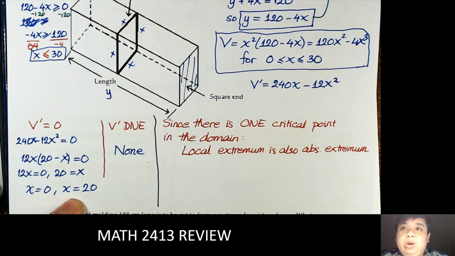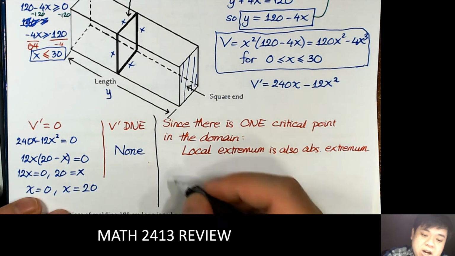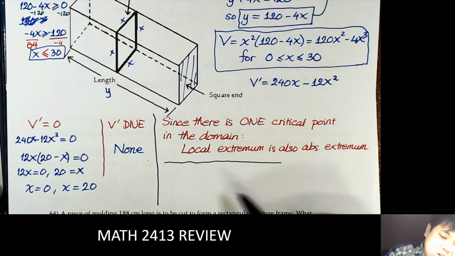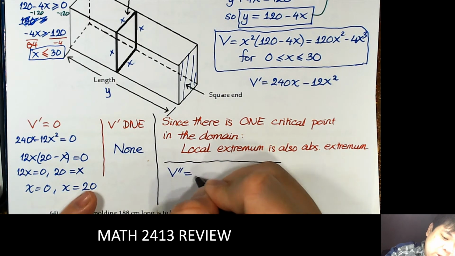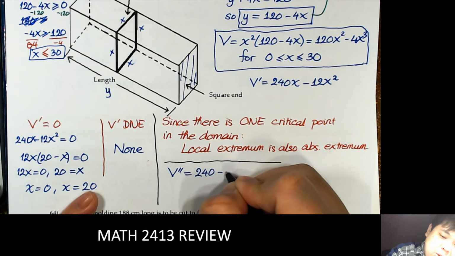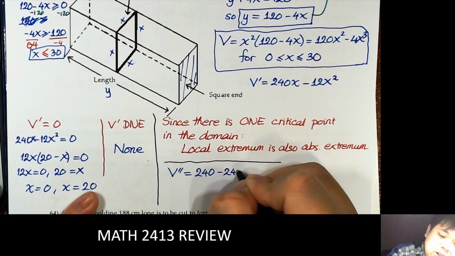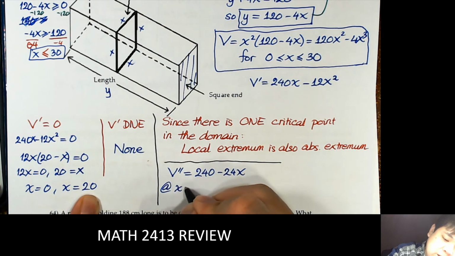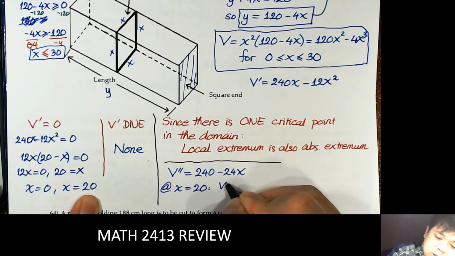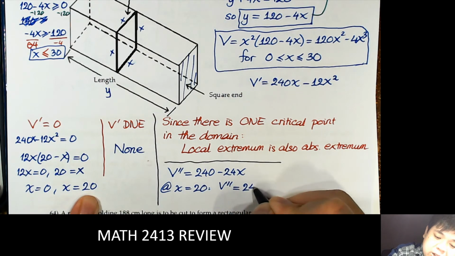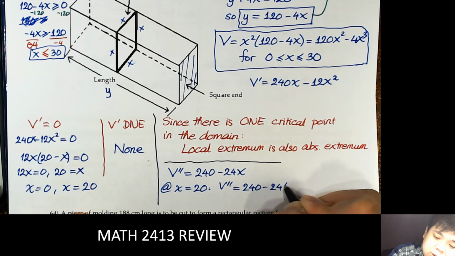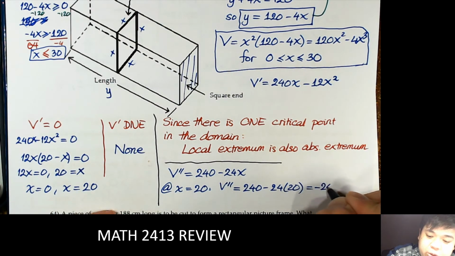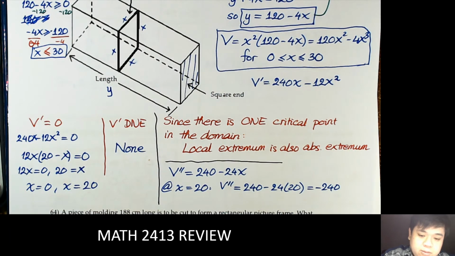So we can use a sign chart, but what we did earlier, remember, the second derivative test. If we take the second derivative, we have 240 minus 24x. Then we evaluate at 20. We put 20 in it, and that is negative 480, and this gives us negative 240, which is negative.